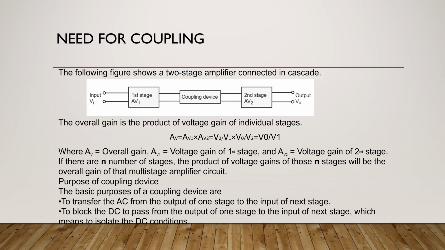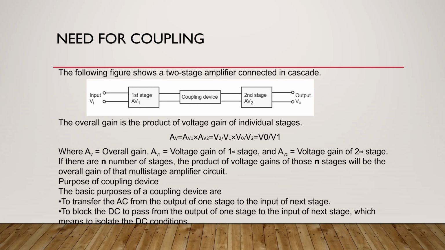The purpose of the coupling device is to transfer the AC component from the output of the first stage to the input of the second stage. That is, the complete AC, which is to be amplified, should be passed from the first stage to the second stage.